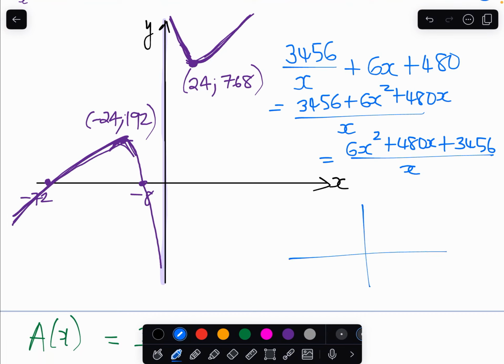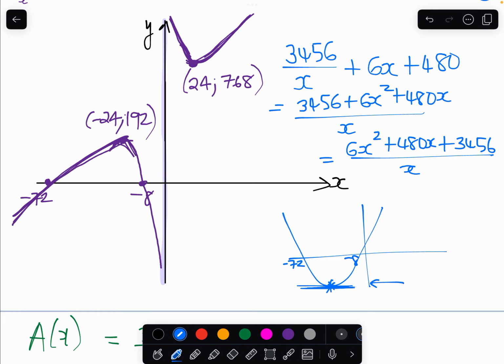And from what we've seen, it's a parabola that is going to do something like that. At negative 72, negative 8 is where it would have its x-intercept.